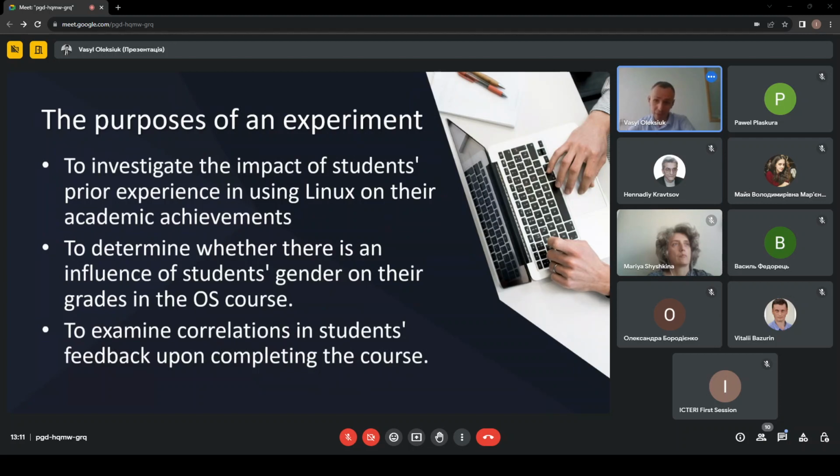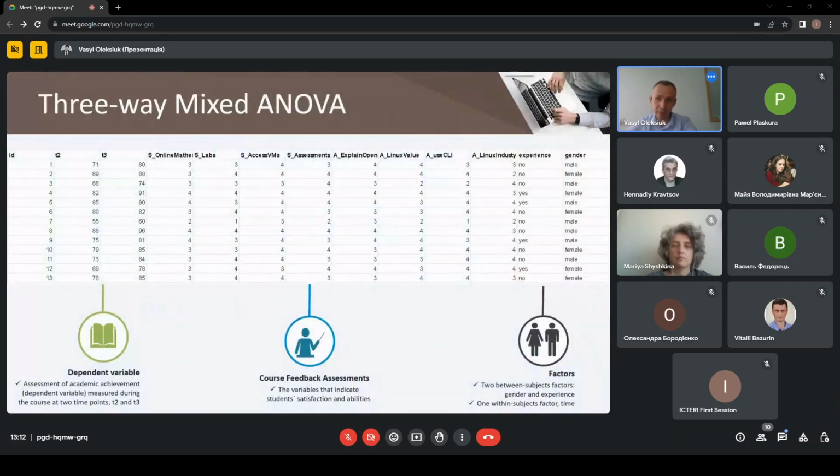The aim of this study is to evaluate the impact of these factors on the grades achieved in the author's course. We opt for the three-way mixed ANOVA as the method to assess the impact of these factors.